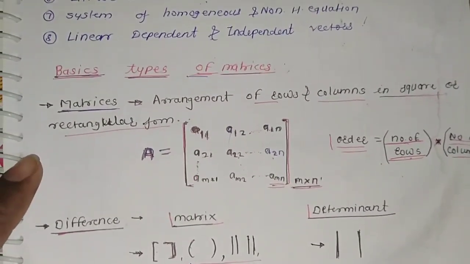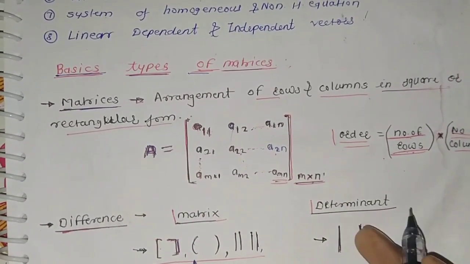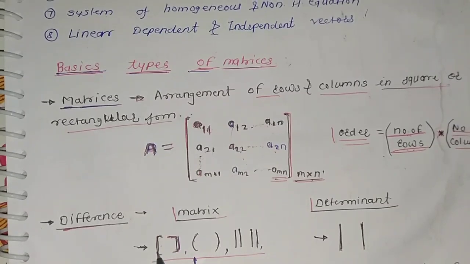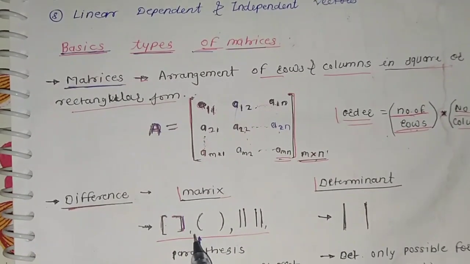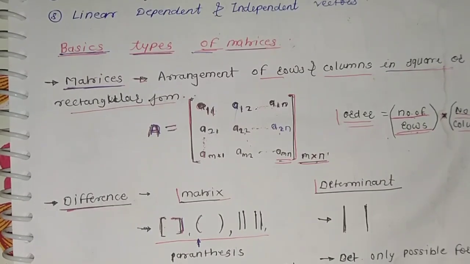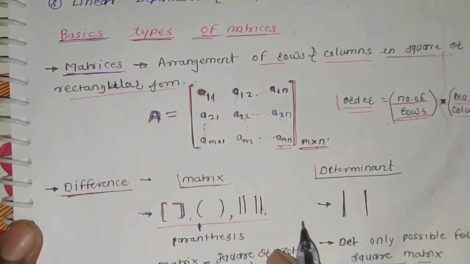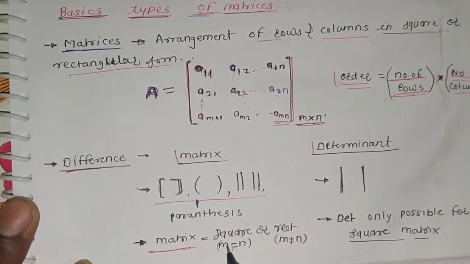Next, we are studying the difference between matrix and determinant. Simply, a matrix is denoted by symbols like this, and this is the determinant symbol. A matrix may be in square or rectangular form. In a square matrix, the order m is equal to n, which means the number of rows is equal to the number of columns.